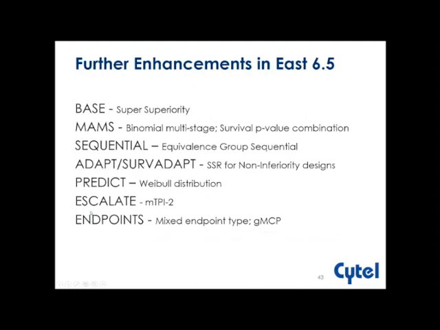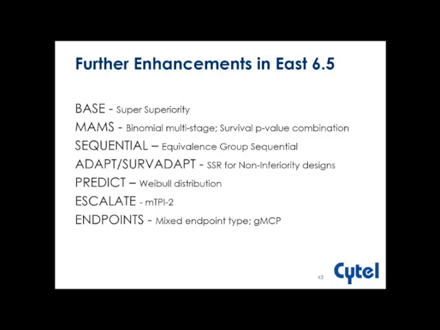Okay, so that was a quick demo of the 3 new modules. In addition to the new modules, we're going to be including many enhancements that customers have requested in the last couple of years for our existing modules. So modules that are already available in 6.4, we're upgrading them with some new features. I'll just quickly go through each of these.